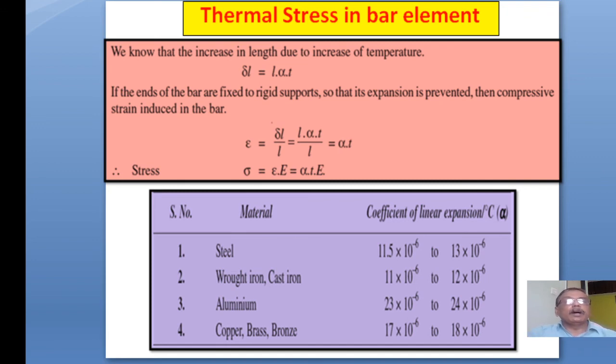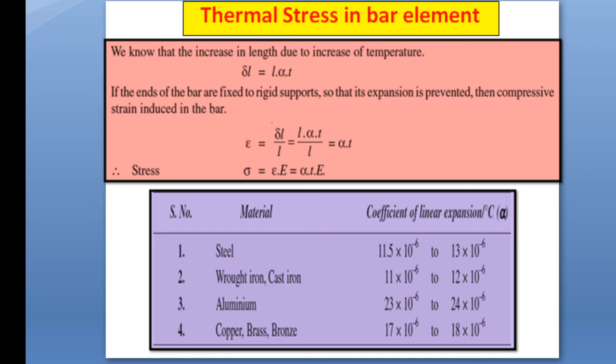If the ends of the bar are fixed to rigid supports so that its expansion is prevented, then compressive stress is induced in the bar. In that case, temperature strain is equal to delta L upon L, change in length upon original length. So L alpha T divided by L, here L will be cancelled. So temperature strain is equal to alpha into T.